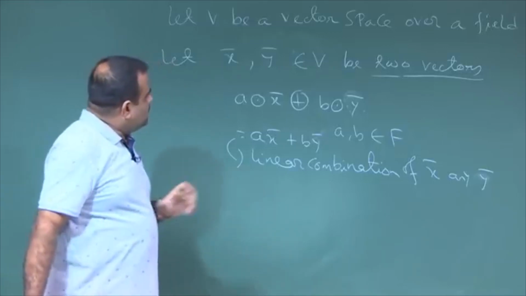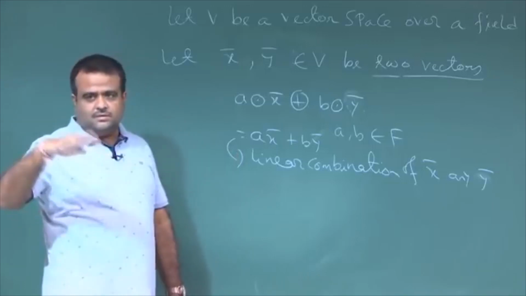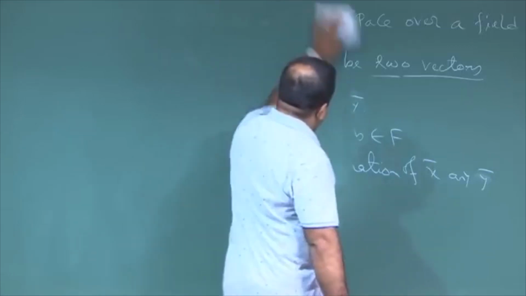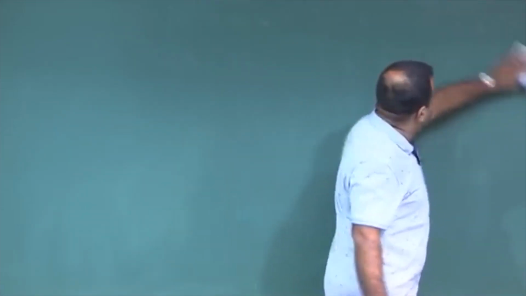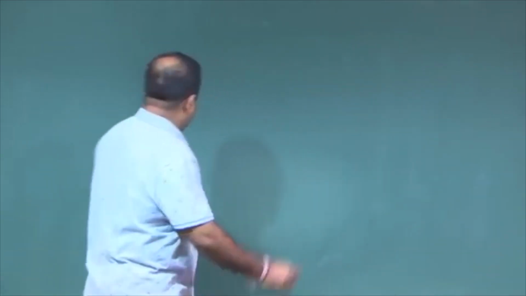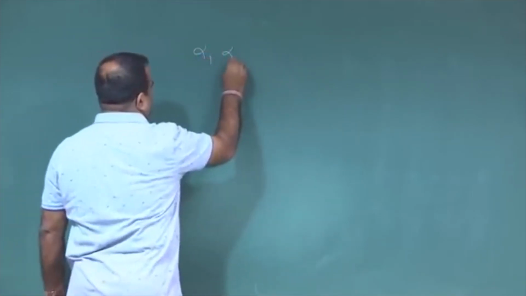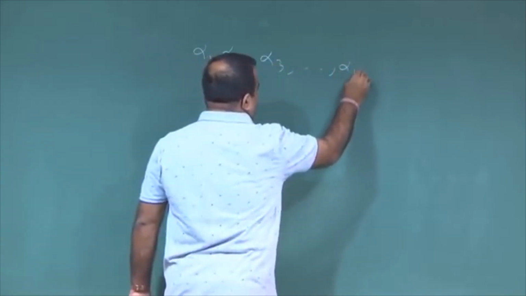Okay. So, instead of two vectors we can have many vectors, we can have say 3 vectors or say n vectors, or we can have k vectors, say alpha 1, alpha 2, alpha 3, up to alpha k.